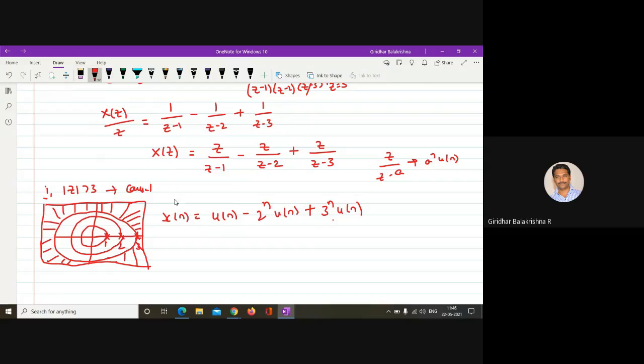Therefore, x of z inverse z transform is x of n equal to, in the place of a we have 1, therefore z by z minus 1 inverse z transform is 1 power n into u of n, 1 power n is 1, therefore simply it is u of n, minus z by z minus 2 inverse z transform is 2 power n into u of n, plus z by z minus 3 inverse z transform is 3 power n into u of n. Is this clear to all of you? Yes, sir. Okay, note down this one.